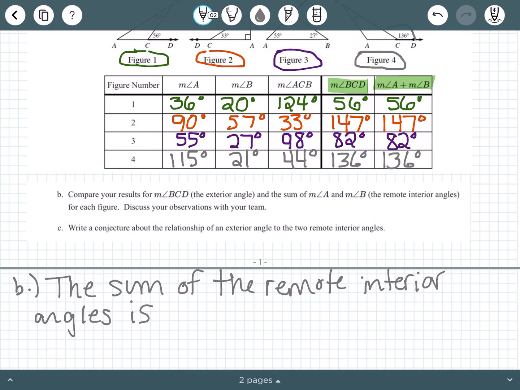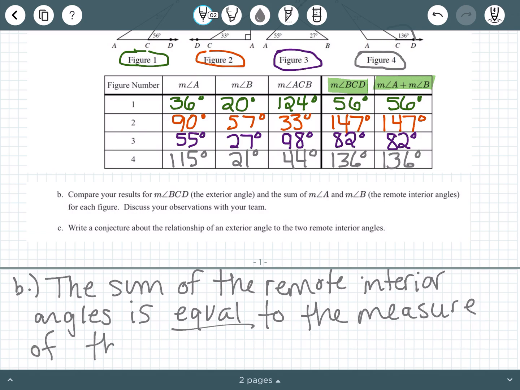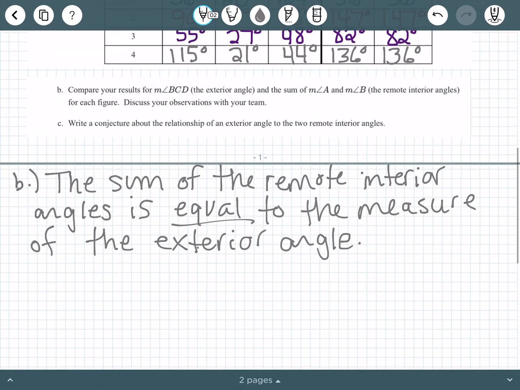So the sum of the remote interior angles is equal to the measure of the exterior angle.